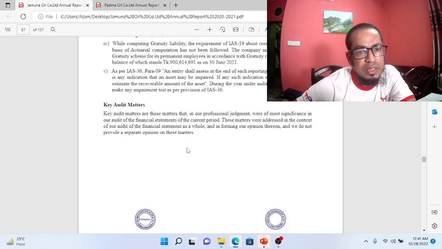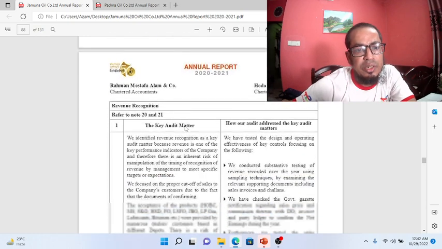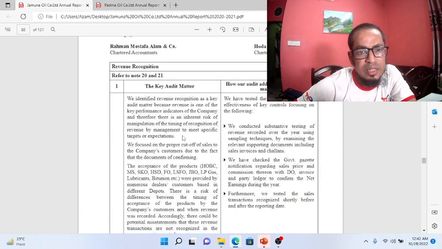Key audit matter is ISA 701. Key audit matter is a professional judgment of most significance in the audit of the current period. Key audit matter cannot be a previous or future decision. It is the current year's matter. Revenue recognition is a key audit matter.